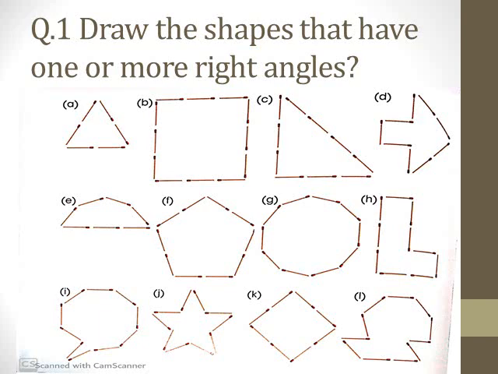Look at H. In H you can find how many right angles? If you see, there is one vertical line joining with one horizontal line. If you talk about the end of this L, on the top of the left side you will find one, and on the top of the right side you will find one, because both vertical lines are joining with the one horizontal line, on the left side and on the right side. And the same vertical line at the bottom joins with another horizontal line which is moving to the right side.